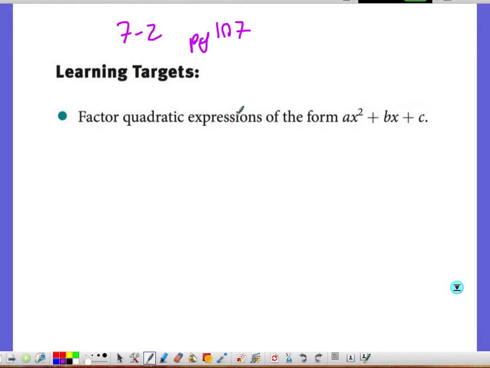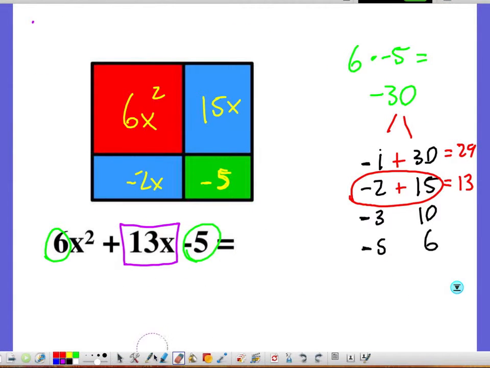So 3x can go here, the dimension of that red box. Now we want to find the dimension of this. 3x times what is going to give me 6x squared? Well, that's going to be 2x. So I know 2x is going to be right here.